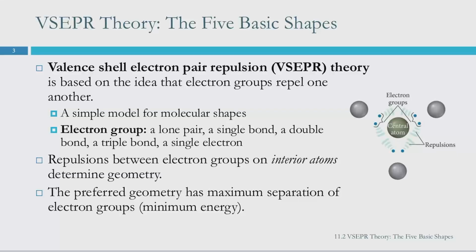The valence shell is our outermost electrons. So in any given atom, outer shell, our highest principal quantum number, our highest n number, our highest row number. That's our valence shell. Electron pairs, any group of electrons.